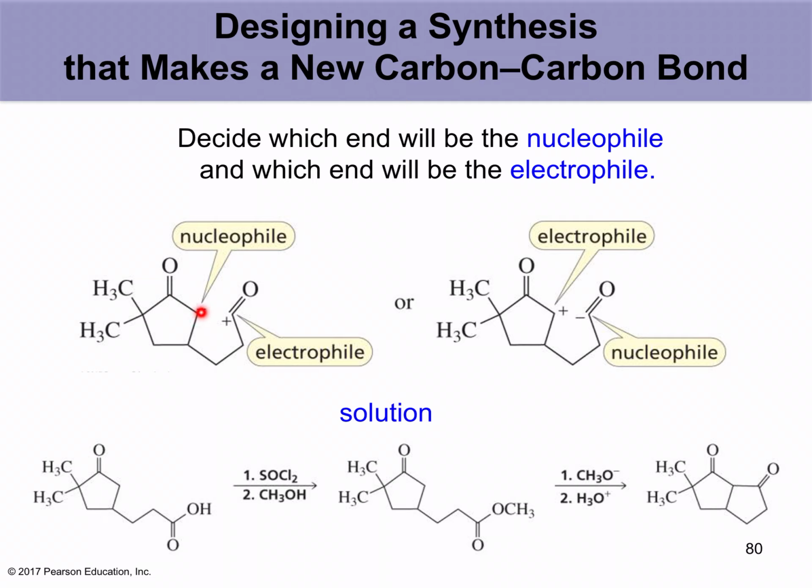So if a base removes this proton, it will become a nucleophile, and this side could be the electrophile. Or you can do it the other way. So this becomes the electrophile and this becomes the nucleophile. I like this one over here.